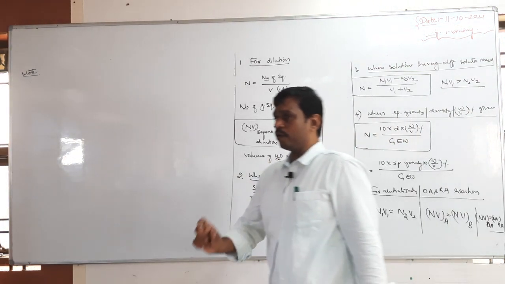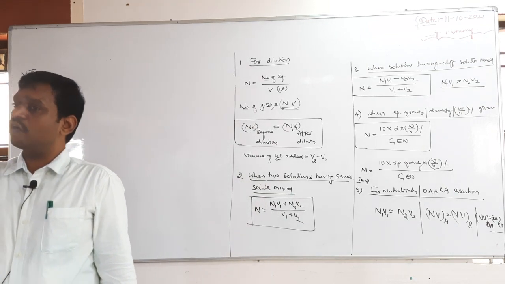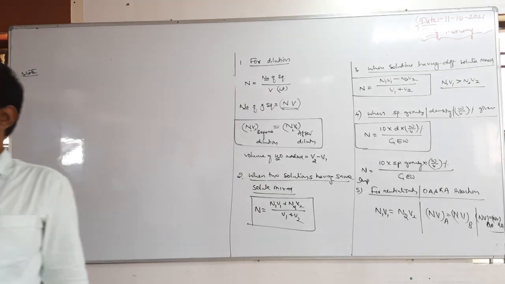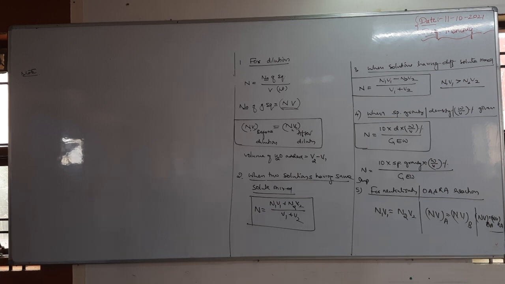This is very, very important. Remember, the number of gram equivalents of acid always reacts with the number of gram equivalents of base. Likewise, the number of gram equivalents of oxidizing agent reacts with the number of gram equivalents of reducing agent.